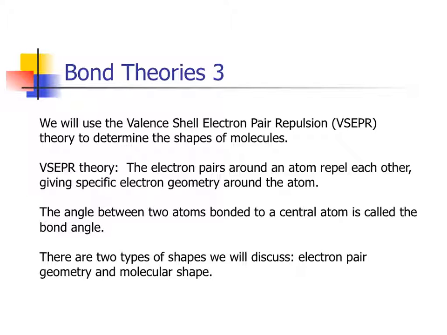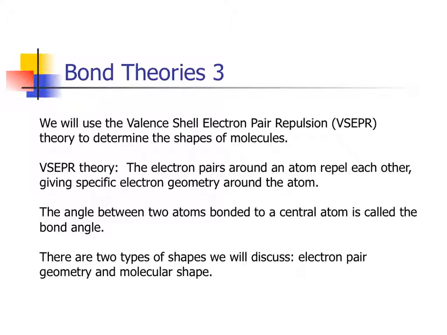We're going to have two types of shapes that we're going to look at. The electron geometry means we take into account all of the electrons, and then the molecular geometry looks at what the molecule itself looks like, and if we see what it looks like, it might make it a little bit easier.